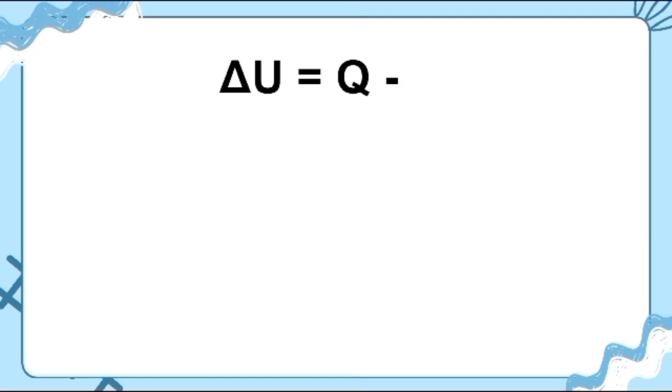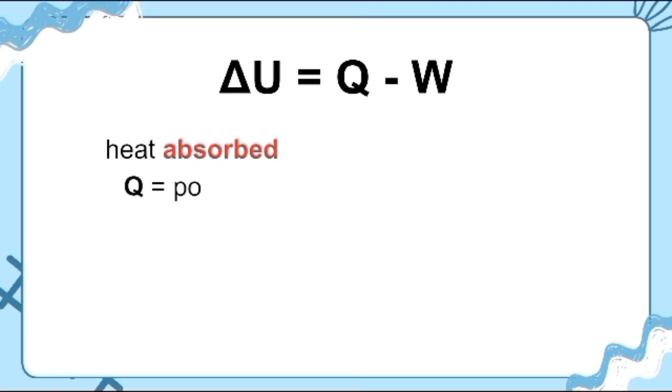So now let's review. Delta U equals Q minus W. When heat is absorbed, Q will be positive.